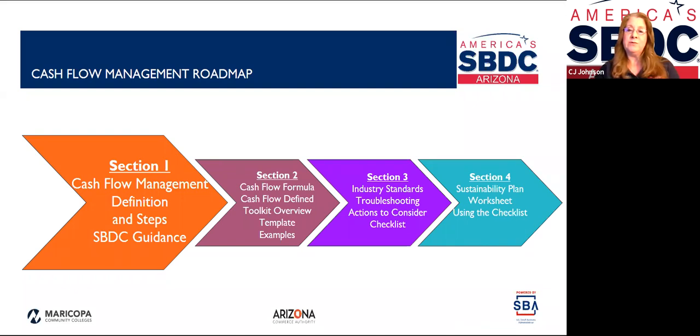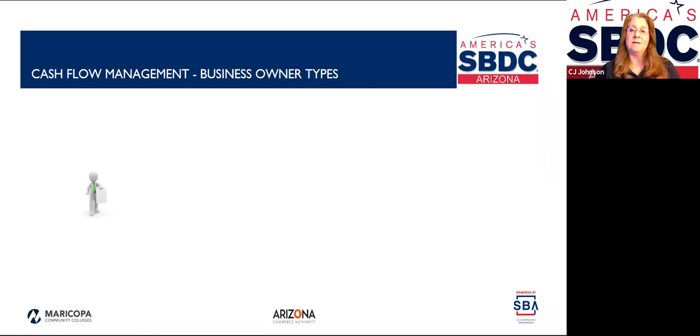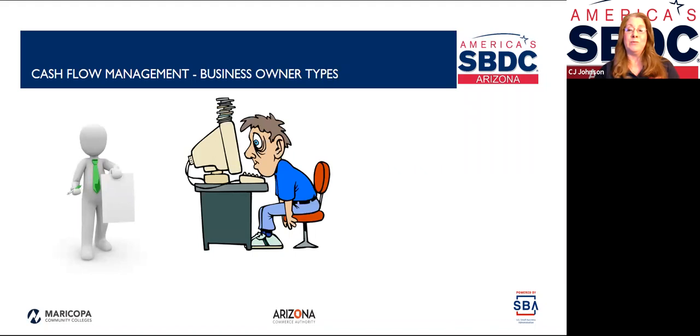When it comes to business financials, the business owner typically falls into one of 3 mindsets. They're proactive. That means that they're consistently knowing the status of their cash position. Or maybe they're reactive.